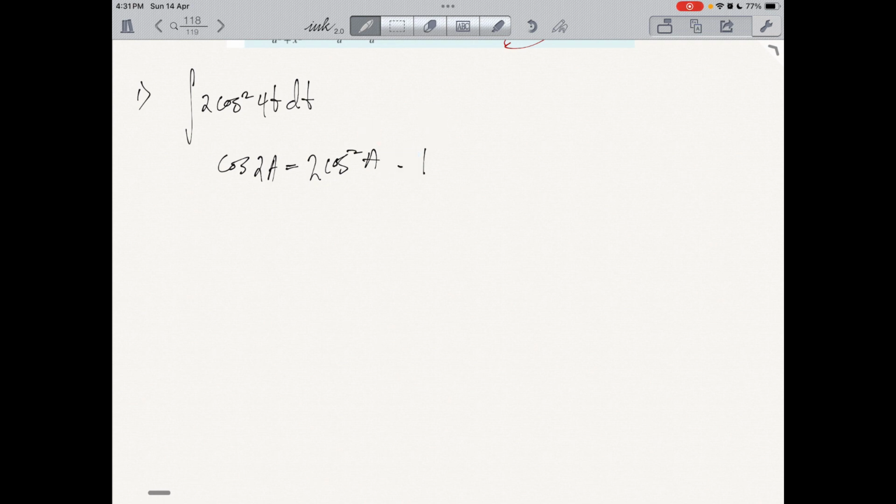Therefore, instead of using a, I can use t. Cos 2t is 2 cos square t minus 1. So we can make cos square t the subject of the formula. Therefore, cos square t is equal to 1 over 2 into 1 plus cos 2t.